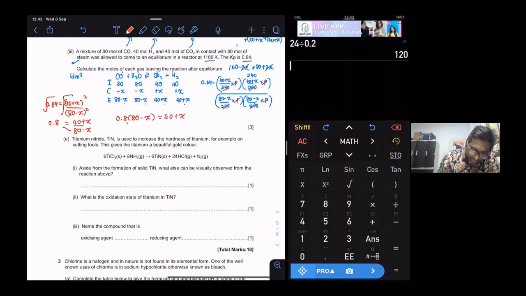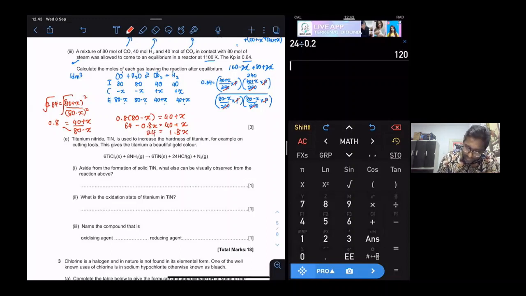This one is going to be 64, and then minus 0.8x equals to 40 plus x. So if I bring that to the right, 0.8, it's going to be 1.8x. This one I bring to the left, 64 minus 40 is going to be 24.